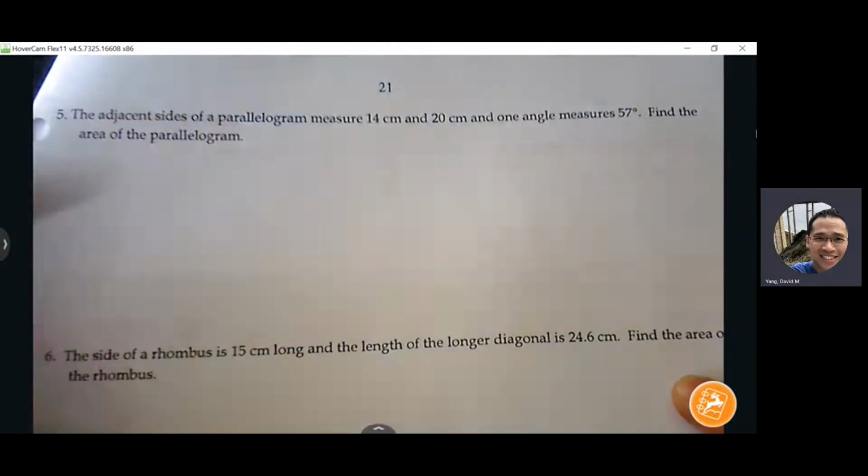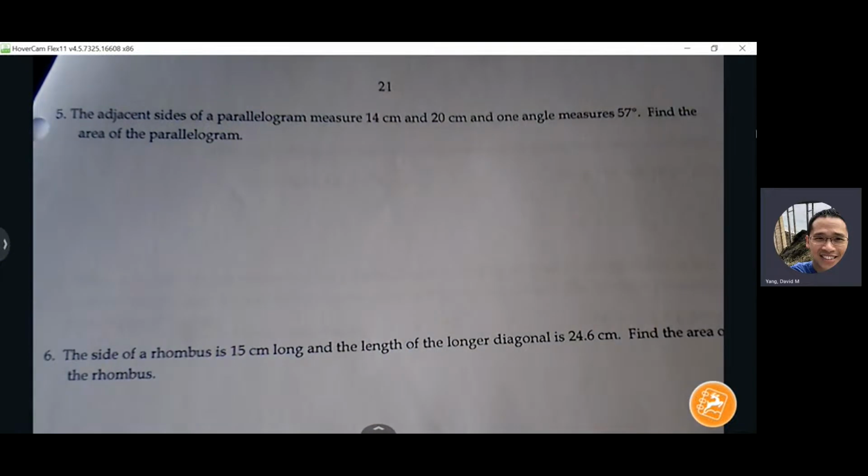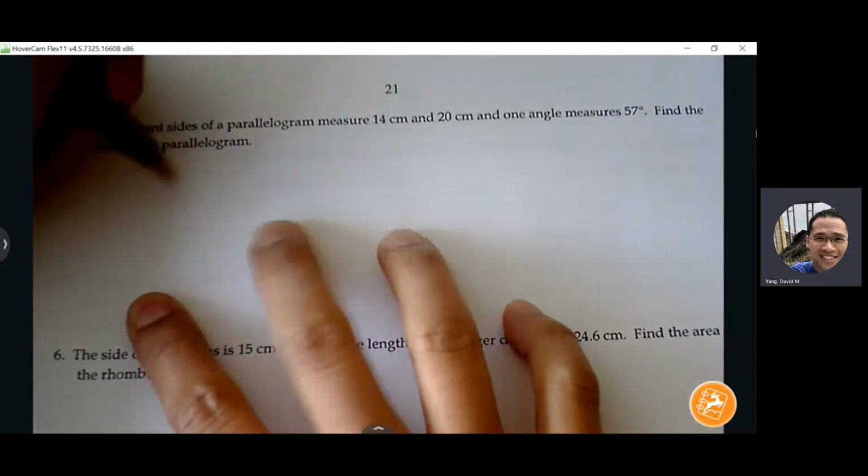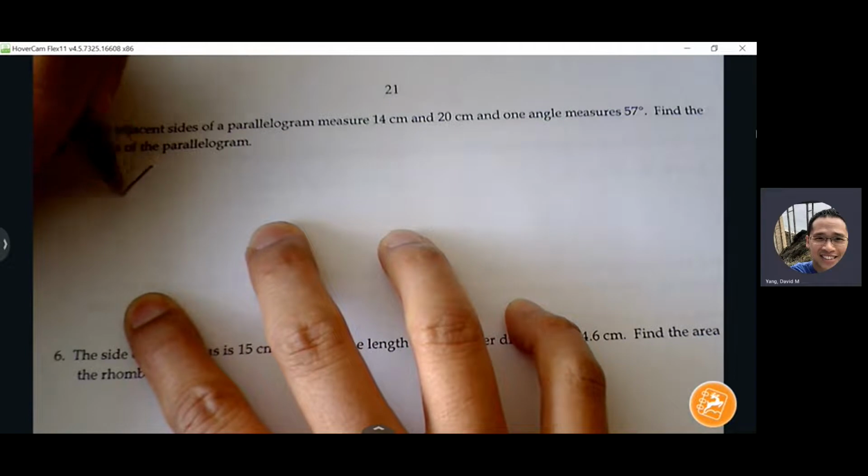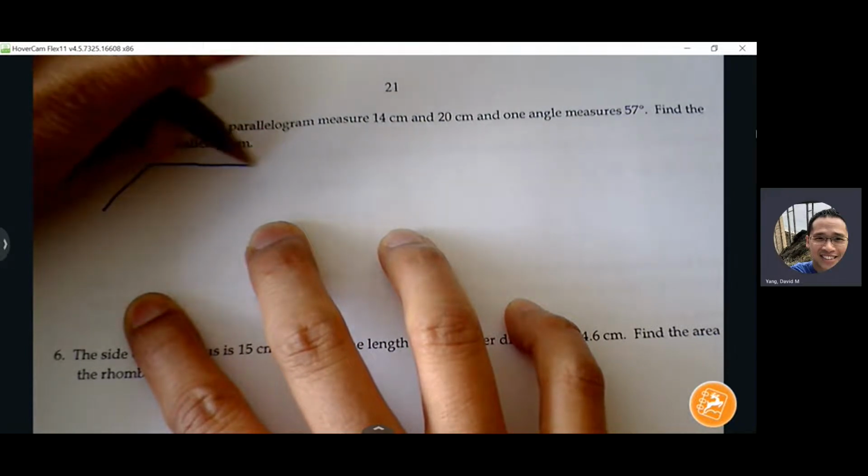We have a parallelogram again, 14 and 20 centimeters, but now we're asking for the area of the parallelogram. We need to look at this from a triangle perspective. Again, let's draw our parallelogram.